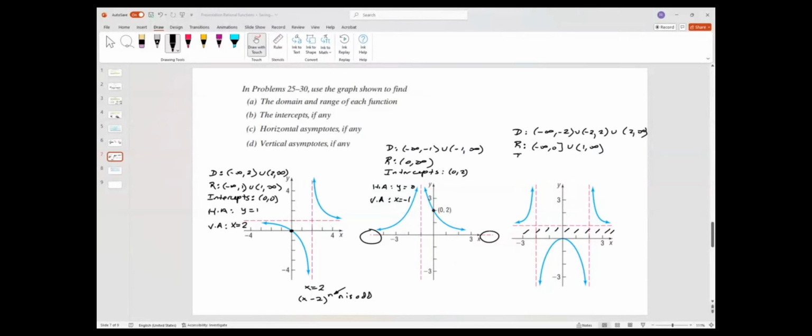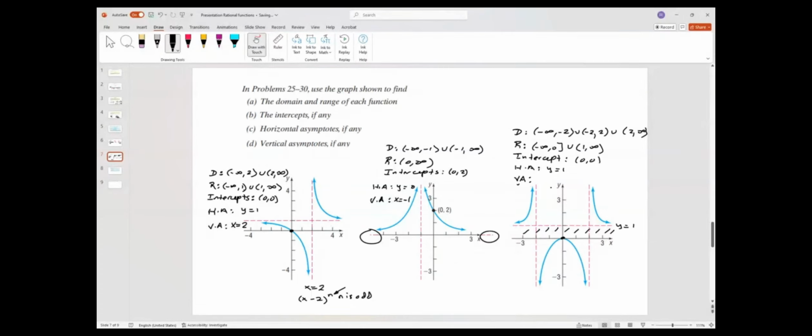Intercepts, yes, we have an intercept at (0, 0). That is this point, of course. Then we have a horizontal asymptote. That is y equals 1. This line. And then we have two vertical asymptotes.